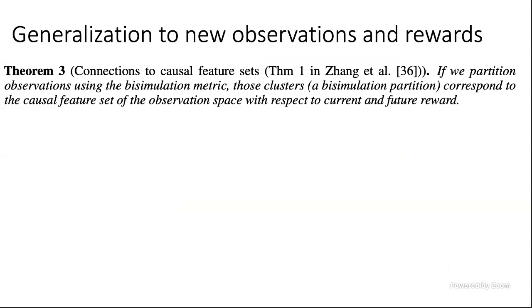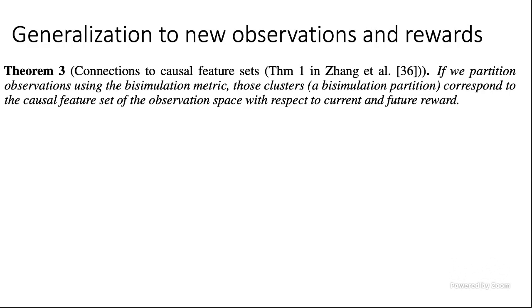Another nice thing that we can get out of these types of state abstractions is expected generalization to new observations and rewards. As Claire already pointed out, a bisimulation partition or model relevance state abstraction is equivalent to learning the causal feature set of this MDP.